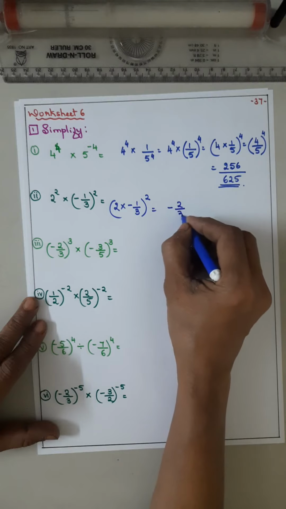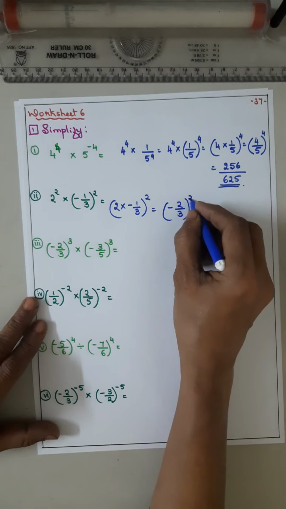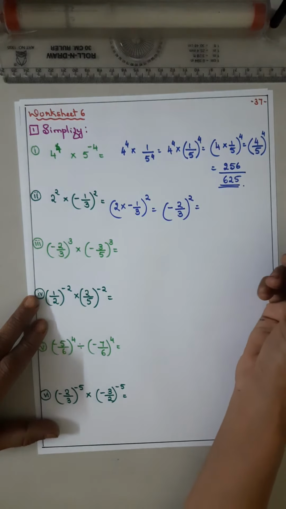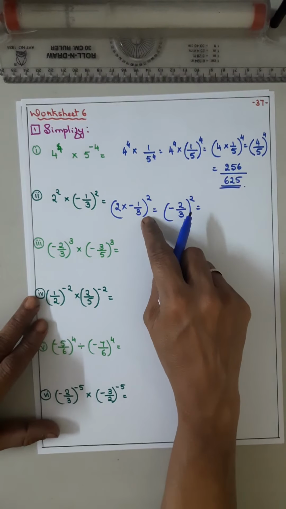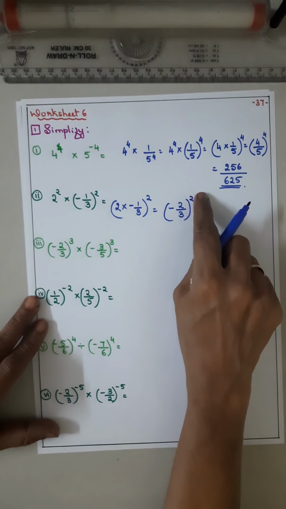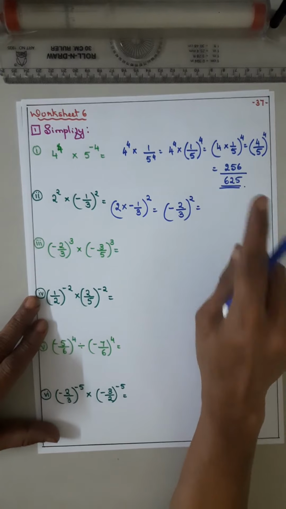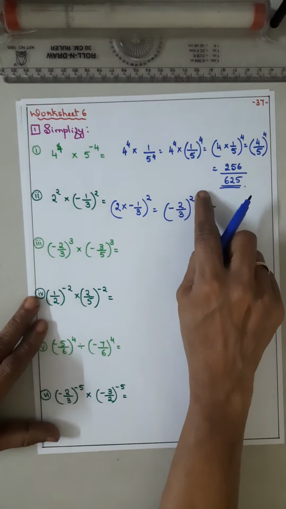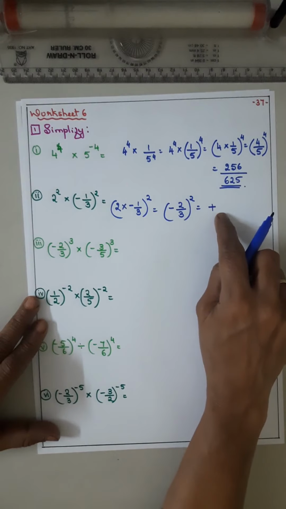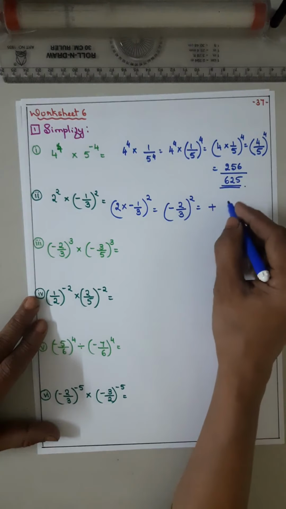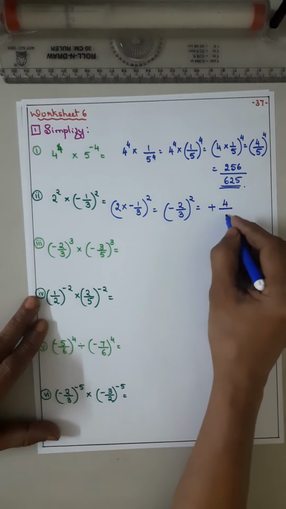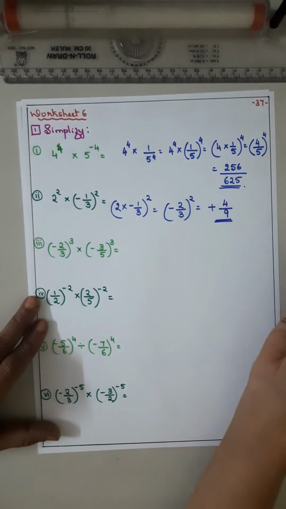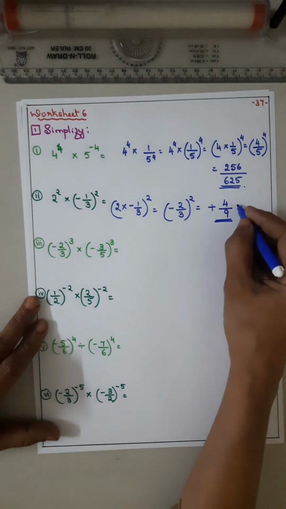(Minus 2 by 3) the whole raised to 2. It is a negative number, but the power is even, so the answer becomes positive. Remember, negative with an even power becomes positive. Now 2 2s are 4, 3 3s are 9. So the answer is 4 by 9.